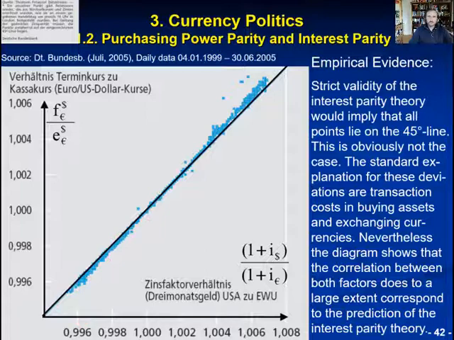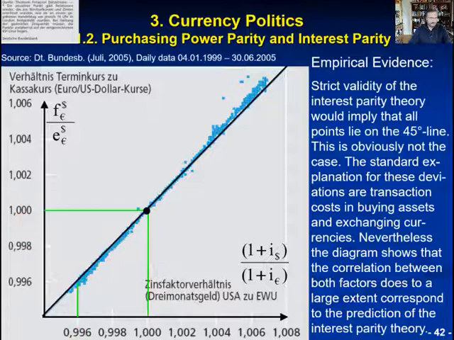It mirrors all points on the x-axis to the same points on the y-axis. For example, if we start on the x-axis at a value of 1.0 and draw a vertical line to the 45-degree line, then the 45-degree line reflects the same value to the y-axis, 1.0.